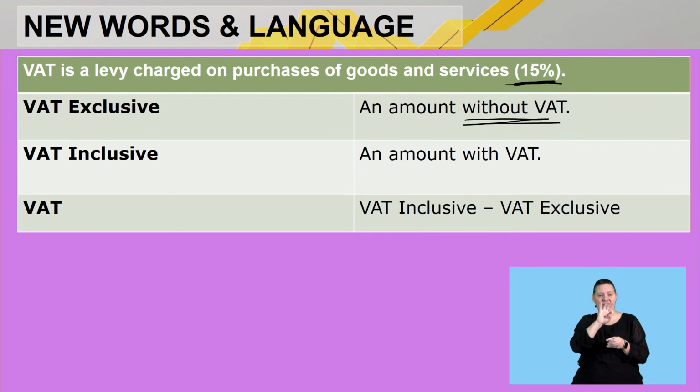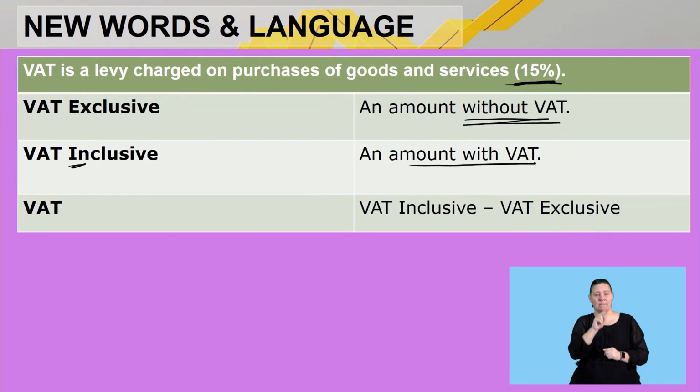As well as VAT inclusive, which is the amount with VAT. When it says inclusive, it means the amount of VAT has been added. And lastly, the term VAT stands for value added tax. Now, how do we get our VAT? Having these two values, you can take your VAT inclusive amount and subtract your VAT exclusive amount in order to get your VAT amount.